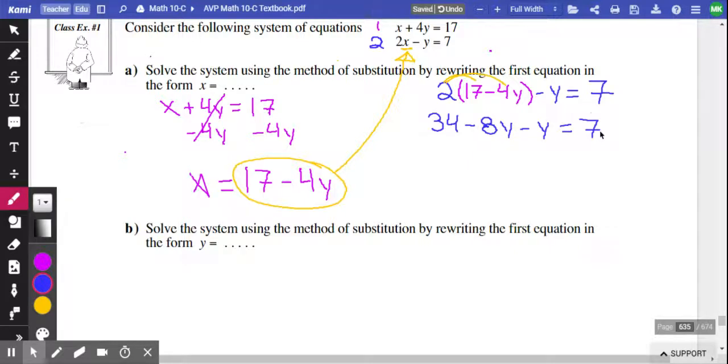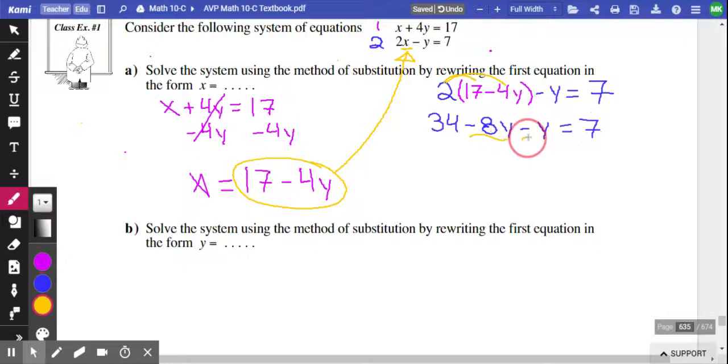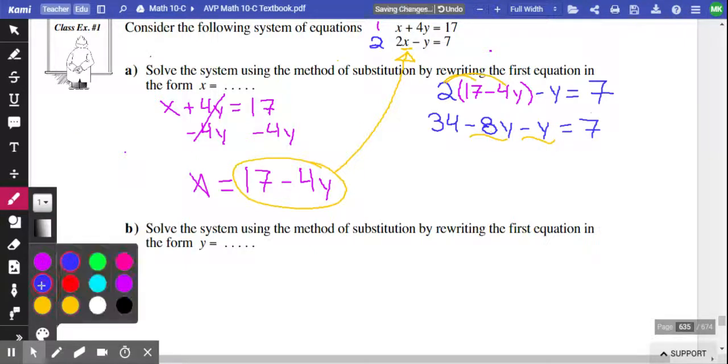After you expand, we always collect like terms, right? Things that are the same that can be combined. If you're looking, I have negative 8y and I have negative y. Those can combine to become negative 9y.